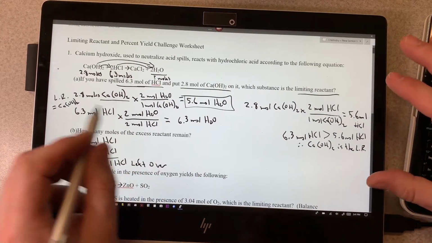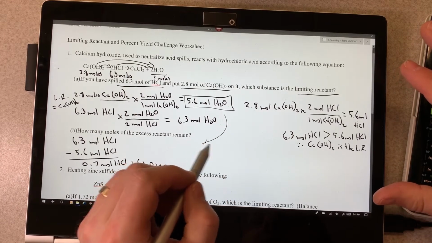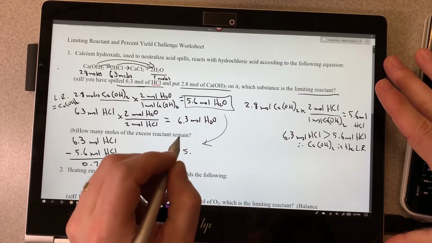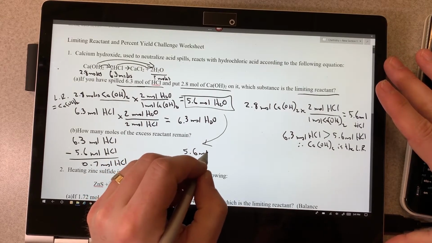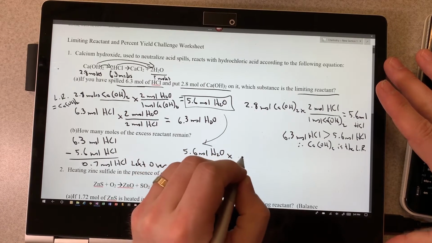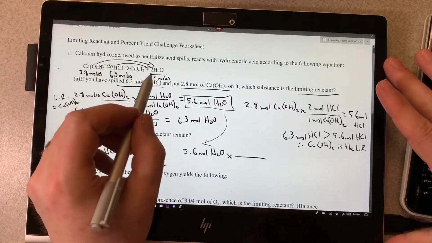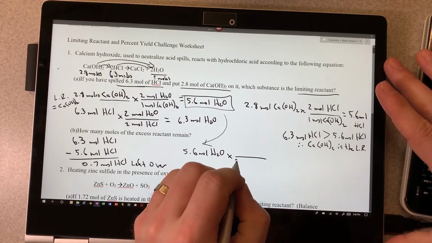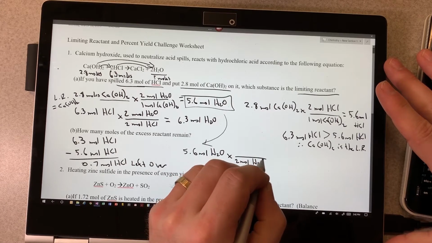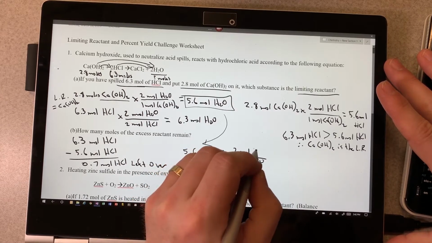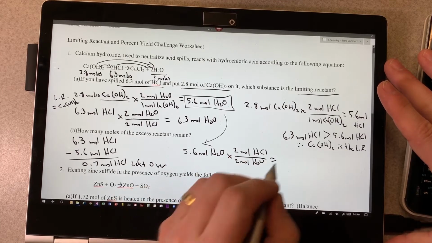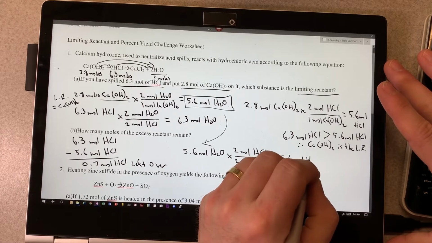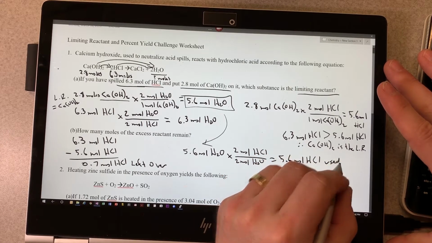Another way I could do that is by taking a look at this. If I start with the amount that I know I get from here, 5.6 moles of water. And this is really kind of a poor example because I have a one-to-one relationship here, but you get to see how the mole ratio is used. There's 2 moles of water for every 2 moles of HCl, which gets me 5.6 moles of HCl used, right?